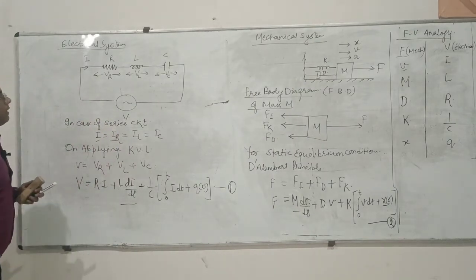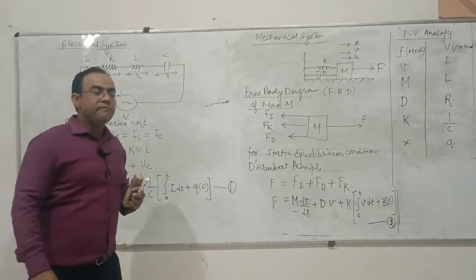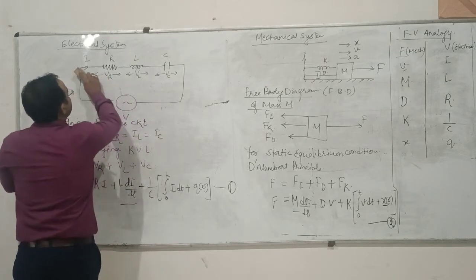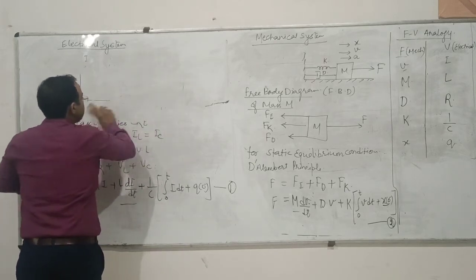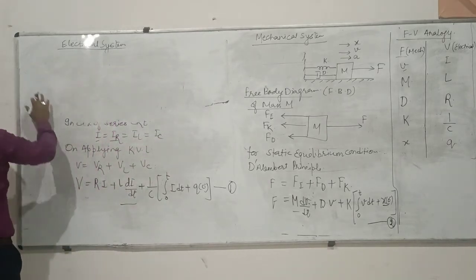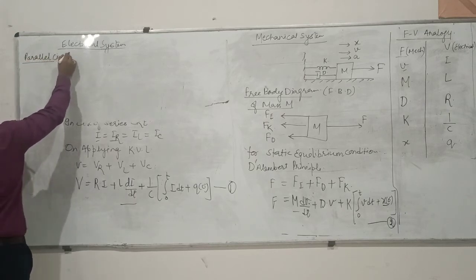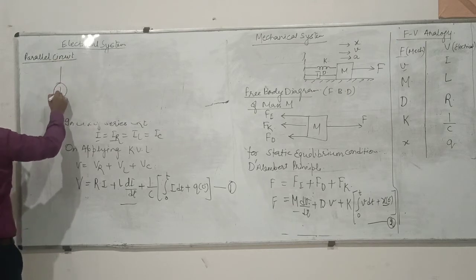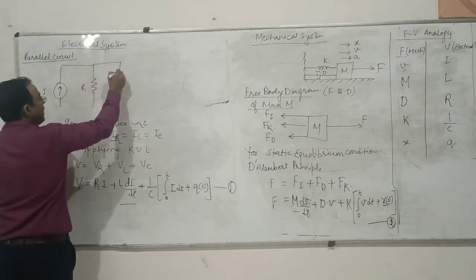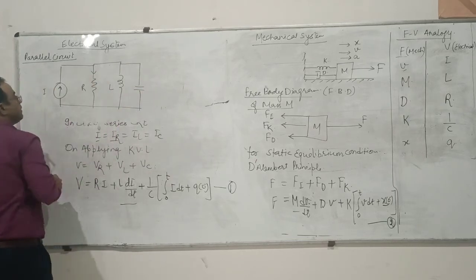Now, if we take the parallel circuit, then we can develop the analogy for the FI analogy. So in the case of a parallel circuit, an externally applied current source I is feeding the three elements, that is R, L and C, in parallel.